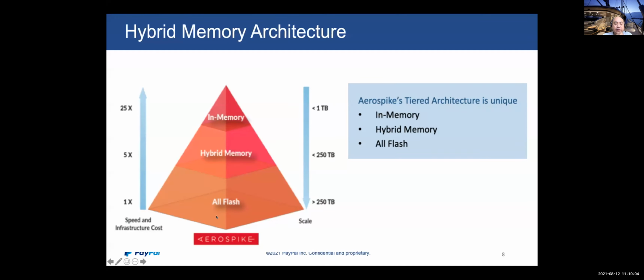On the other extreme, if we only use SSD, obviously we would have bigger storage for the same amount of money, simply because SSD is cheaper. But the drawback is that it is much slower, right? So it's about 25 times slower than memory. So this hybrid memory architecture would allow us to scale up to a bigger capacity without spending too much money. So for 5 times the cost, we can actually have 250 times the storage of the DRAM.